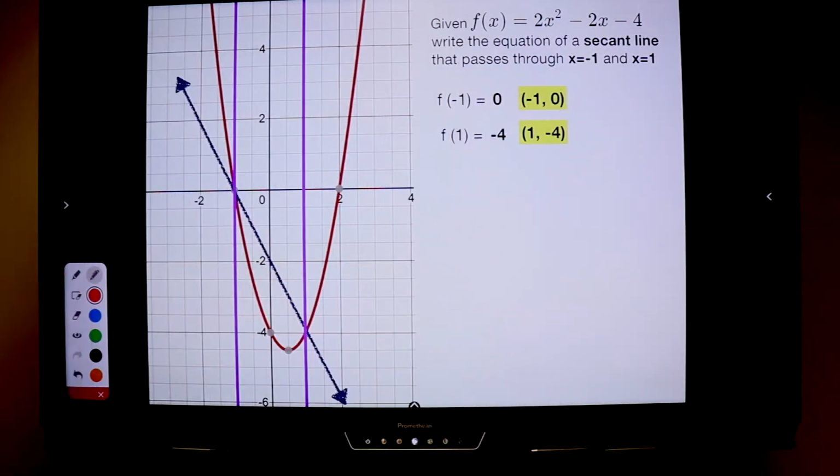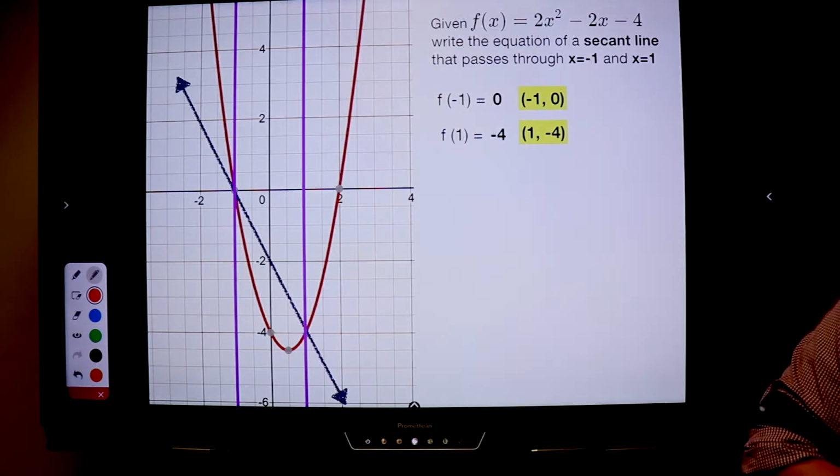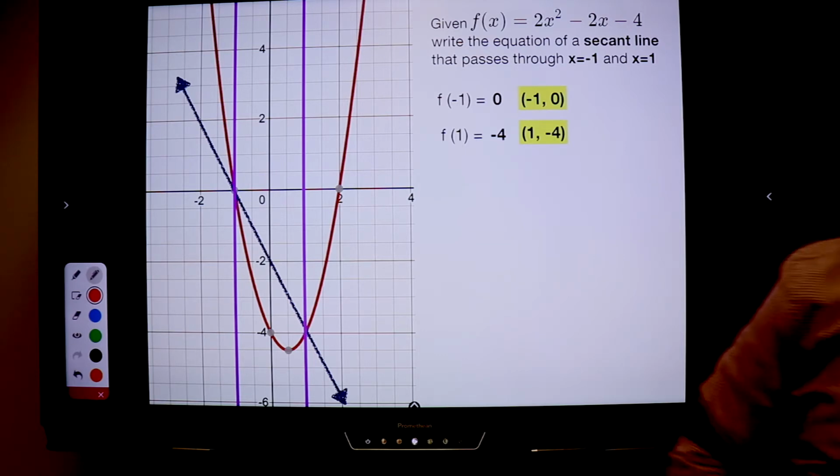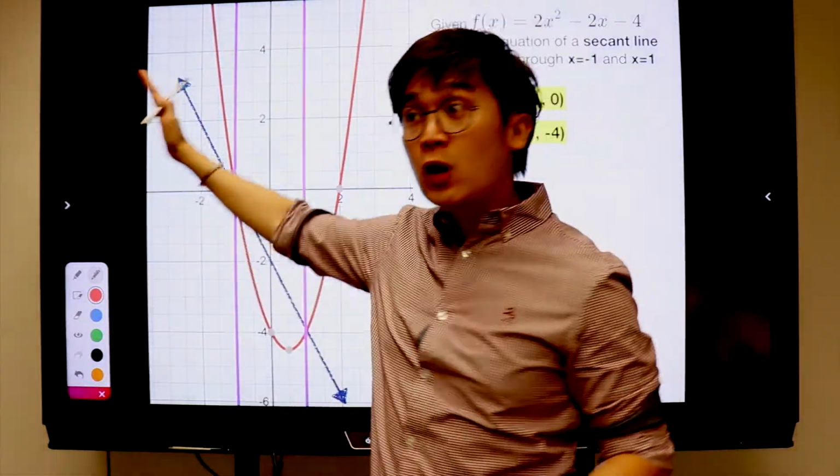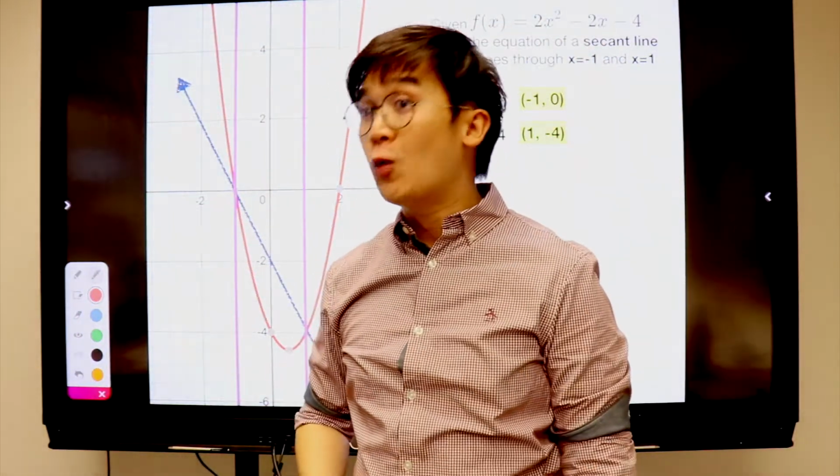Can you now write the equation of the secant line? What is the next piece of the puzzle that you need to figure out to write the equation of the secant line? The slope. Did you compute for the slope? What's the slope? -2. And you know that your answer is right because the secant line is going down. So if the line is going downwards, you know that the slope is equal to a negative number.